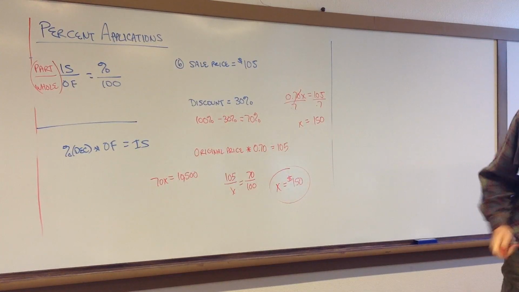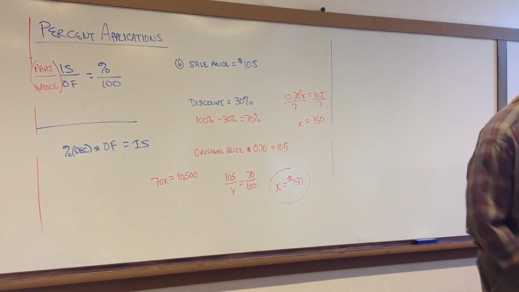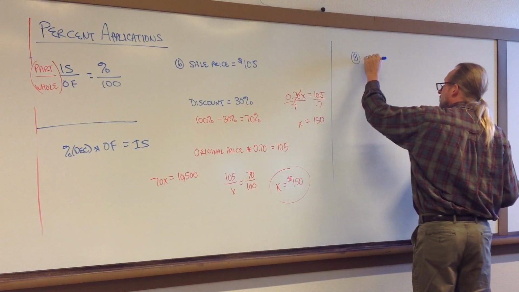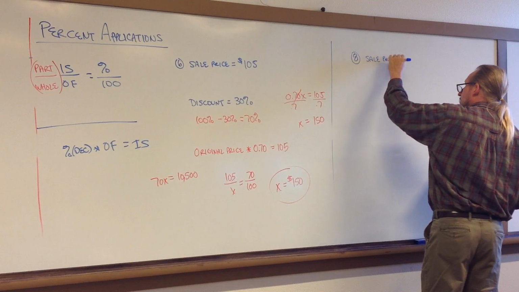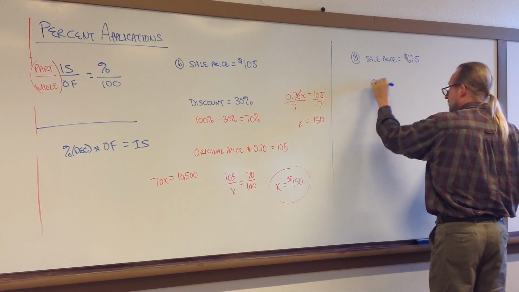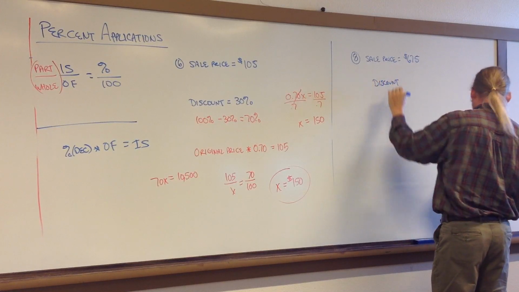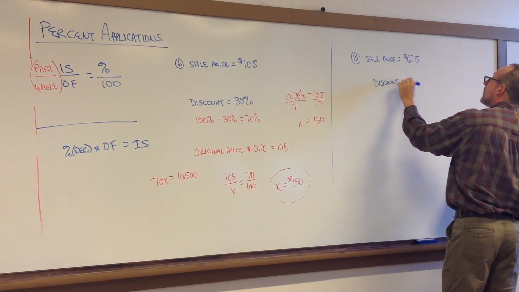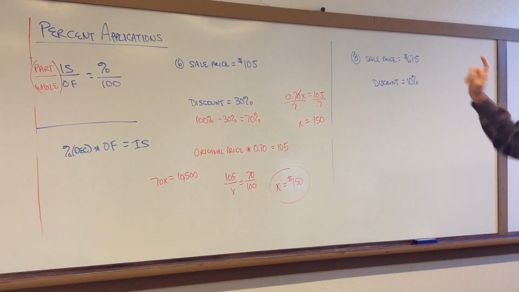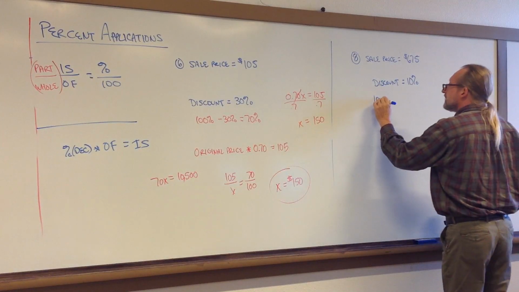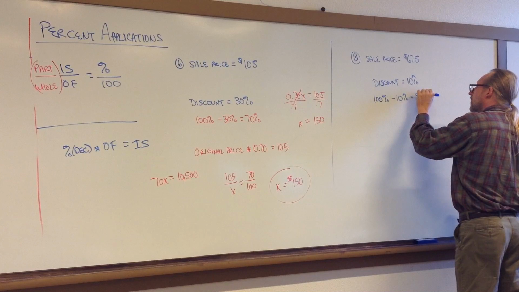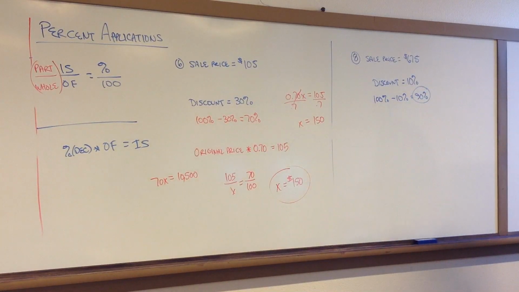All right, problem 8. An item is on sale for $675, so we've got the sale price, $675. And we know the discount in problem 8 was 10%. Okay, so that means that this sale price is going to be 90% of the original price.